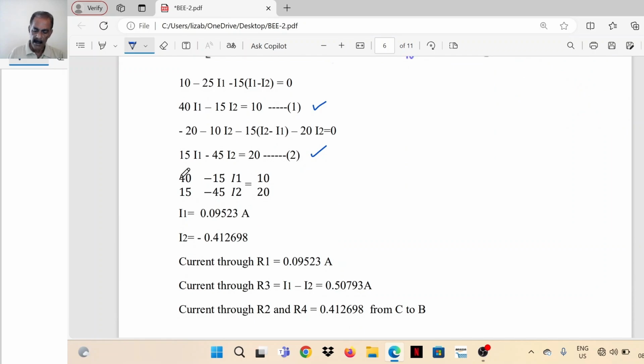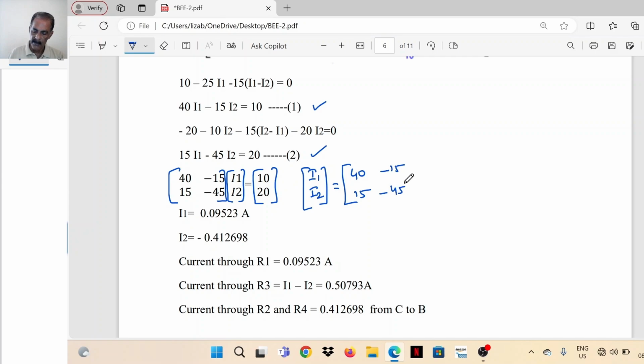So it can be written in matrix form. I1 and I2 can be found out by [I1, I2] is equal to the inverse of [40, minus 15; minus 15, 45] into [10, 20].